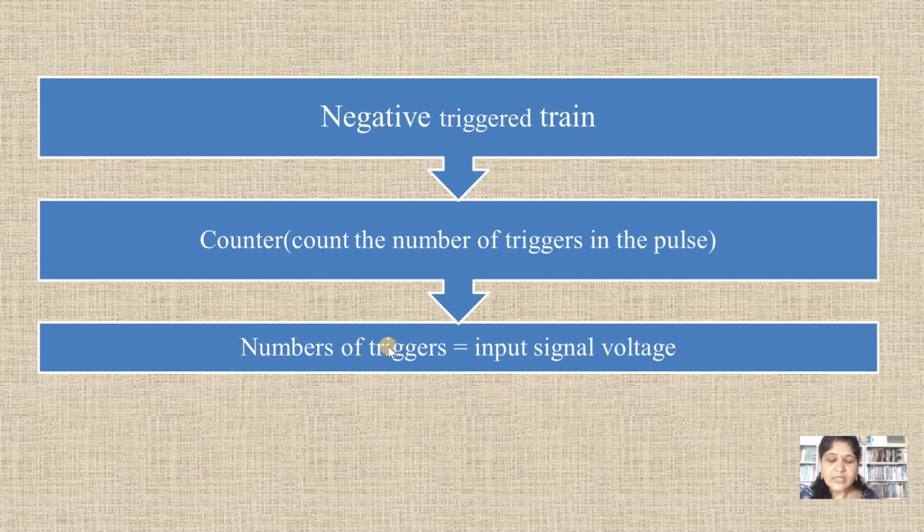So you can see that the working of the digital voltmeter is nothing but the conversion of an analog signal into a digital signal. The analog signal was the input signal voltage, and that input signal is converted into a digital signal, which means the digital voltmeter is just an analog to digital conversion.